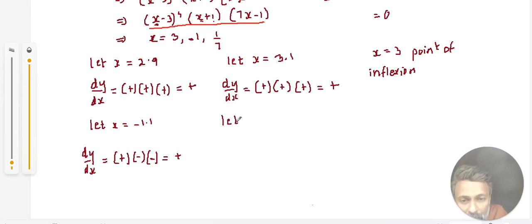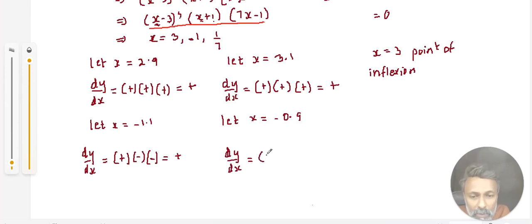Let us now take a value a little more than minus 1, say minus 0.9. dy upon dx would be equal to minus 0.9 minus 3 raised to 4 is positive, even degree. Minus 0.9 plus 1 is positive. 7 into minus 0.9 minus 1 is negative. We get a negative answer. We realize that the derivative sign is changing from positive to negative.